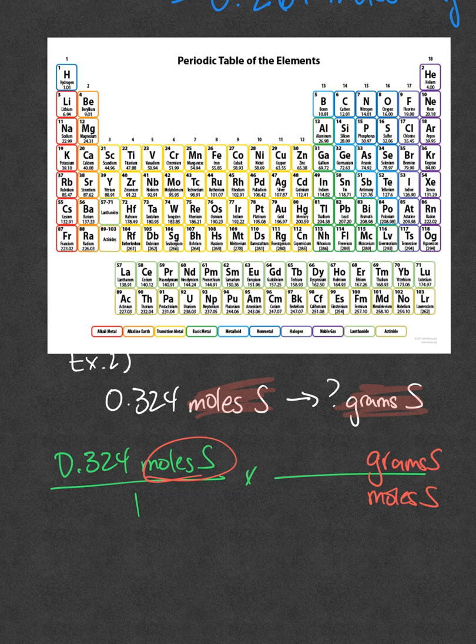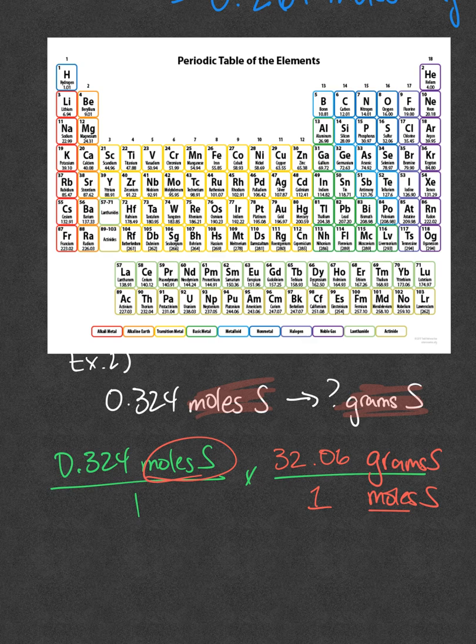So we know that for every 1 mole of sulfur, we have 32.06 grams of sulfur. And so now in this case, all you have to do is just multiply and divide.